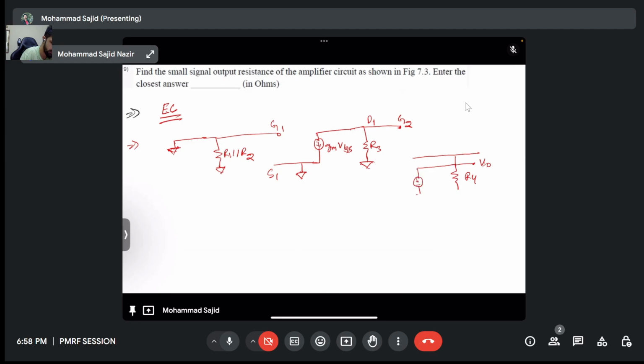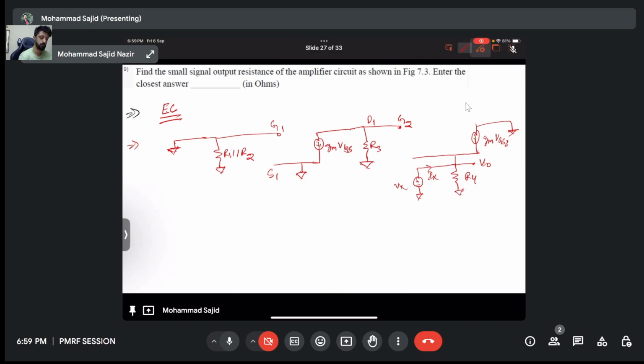This is a test source connected, Vx, with which I calculate the resistance. So this is VGS2. Now you can calculate it, right? Let's take this node.